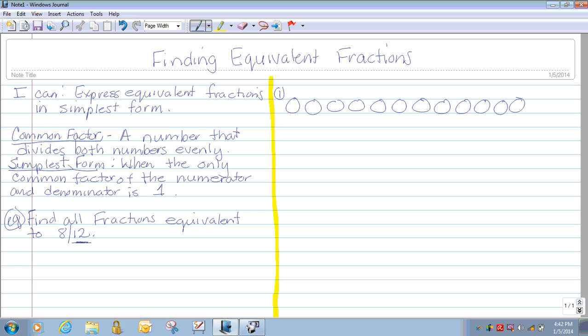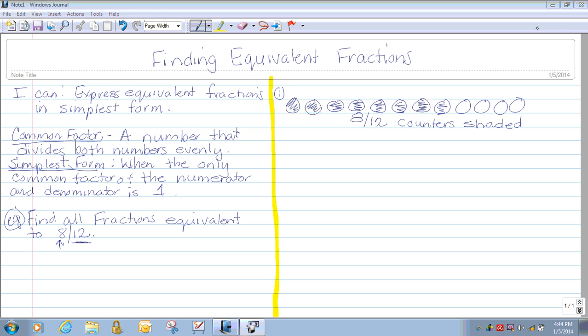And since our numerator is 8, we're going to shade 8. And it's very easy to see that this is a model of 8/12 of counters shaded.